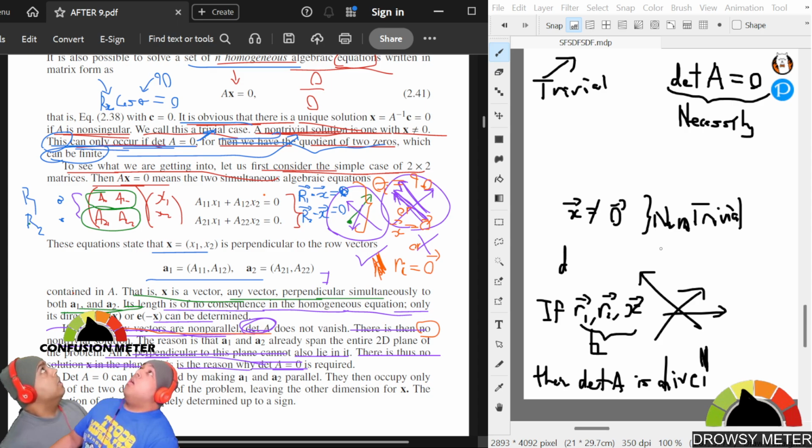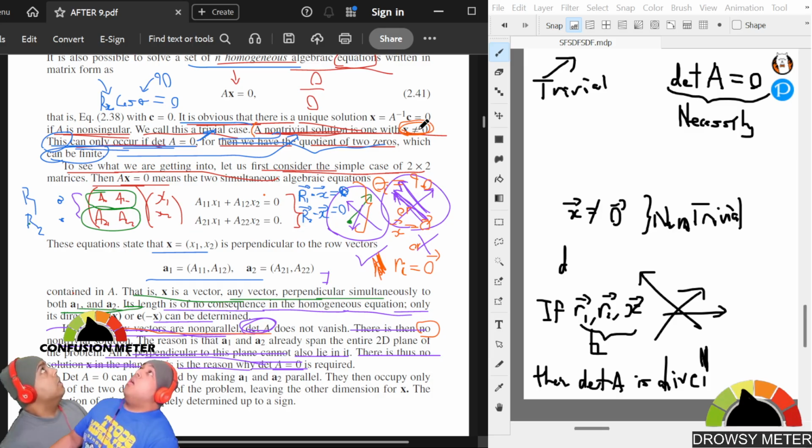The reason is that a non-trivial solution is one with x having something in it. If this thing is true, there is then no non-trivial solution. There's no way x has something in it.